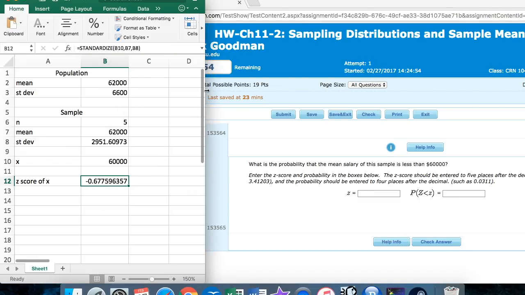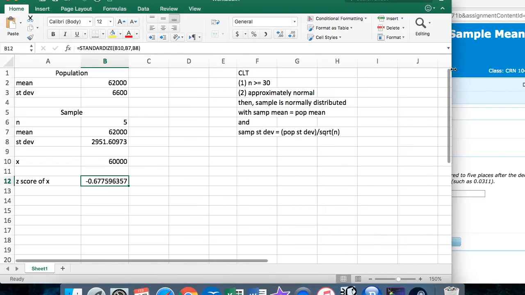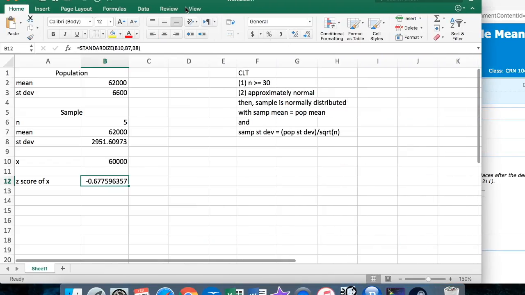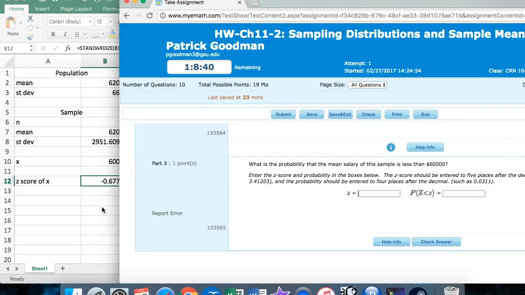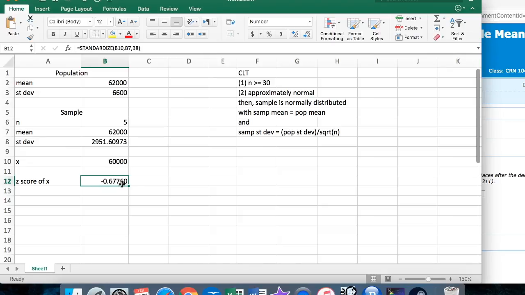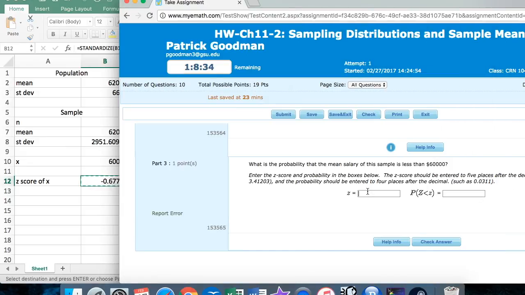So this is how I'd make Excel do it for me. Right here, there's the increase decimal and decrease decimal. So decrease it to only 5 places. So 1, 2, 3, 4, 5. So here's my answer. Copy and paste it in exactly like that. And there you go. So see, not too bad if you make Excel do the thinking for you.